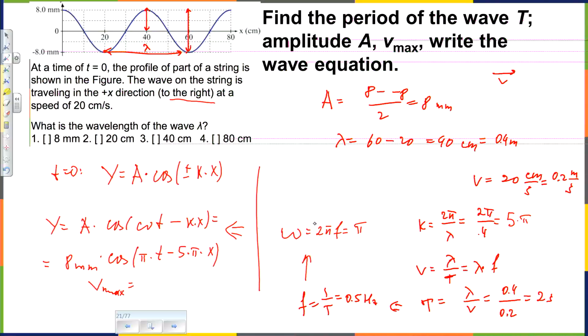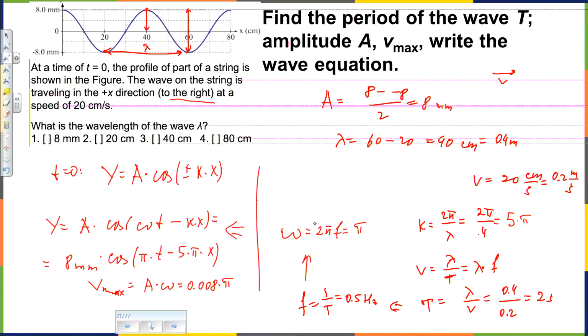That's supposed to be amplitude times angular frequency. And now I guess we need meters, 0.08 times pi. That's going to be meters per second. So again, just straightforward application of all set of equations we use, plus some information came from looking at that snapshot.